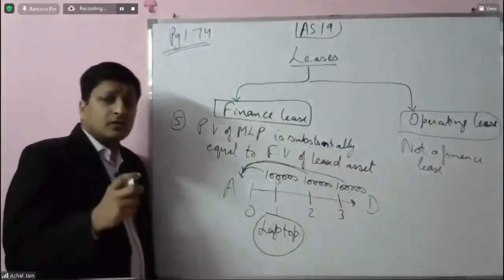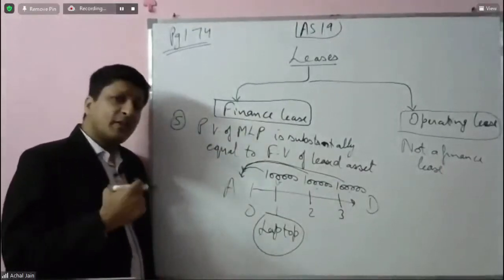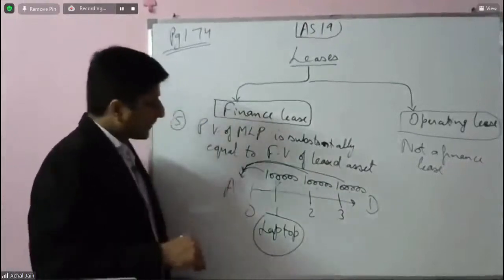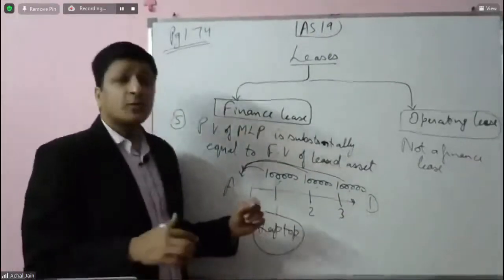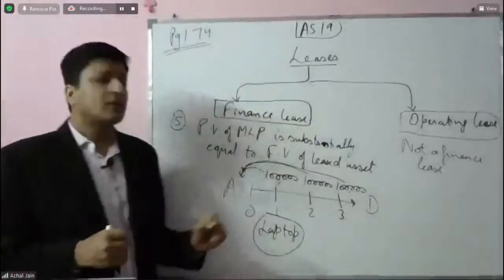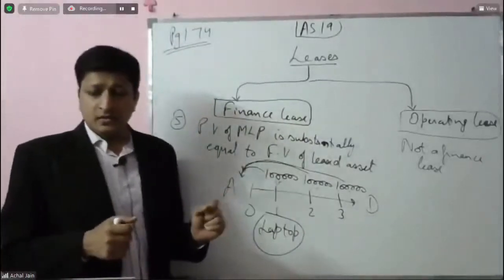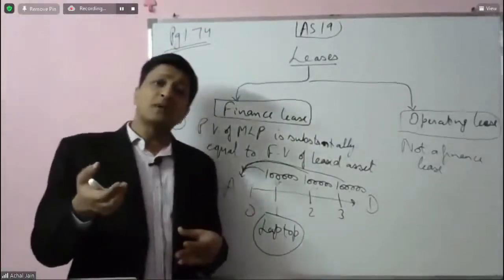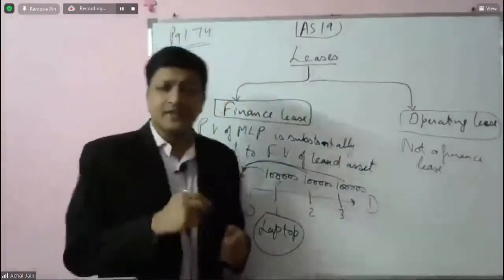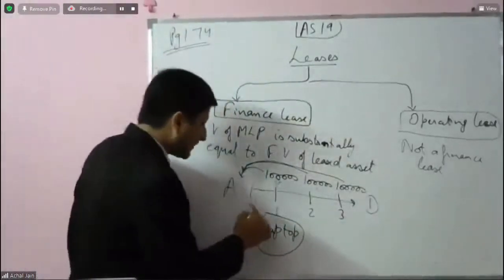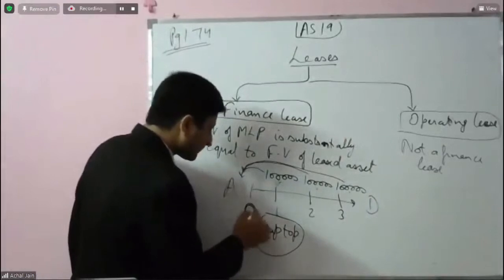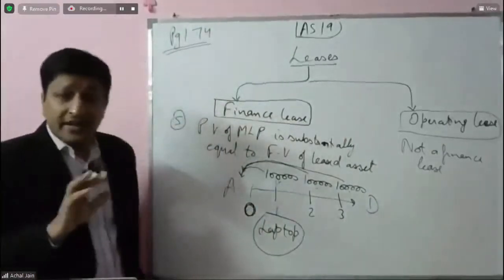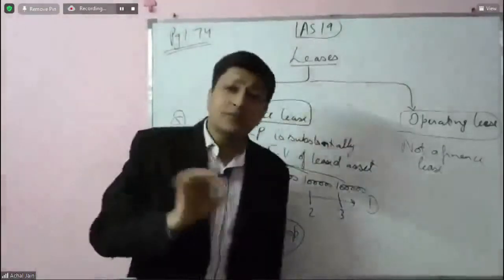So now we are looking at the present value. Present value means the value which is required to be paid after 1 year is what? 1 lakh. So if we have to compute its amount equivalent to today's date, we are on today. Today the value of 1 lakh will not be 1 lakh.